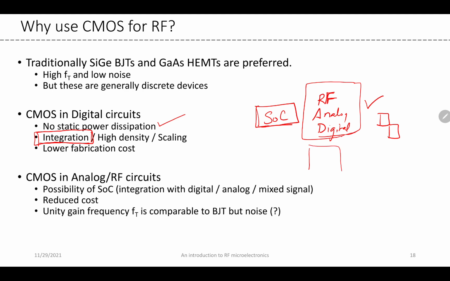Otherwise, you have to have an RF component on, say, a gallium arsenide chip, and then it has to have long cables or long interconnects to connect it to the digital system. This interconnect can itself reduce performance.